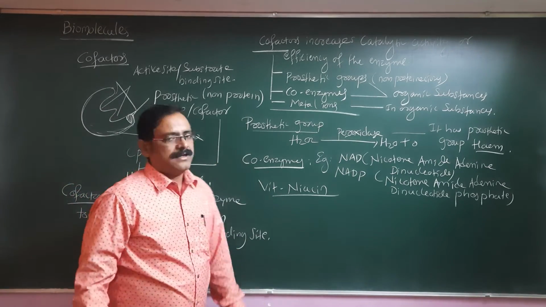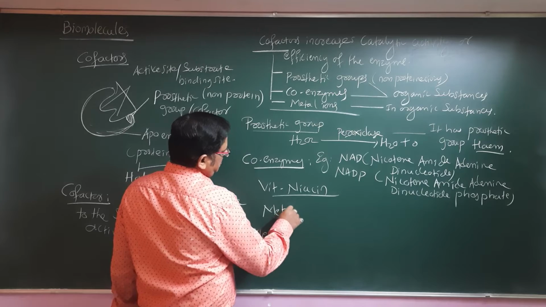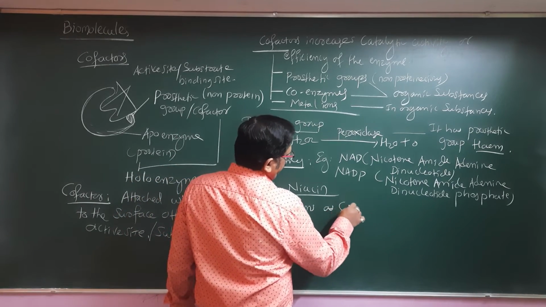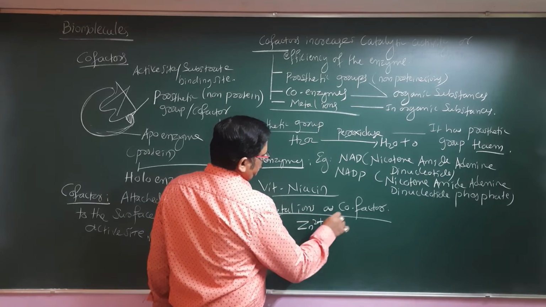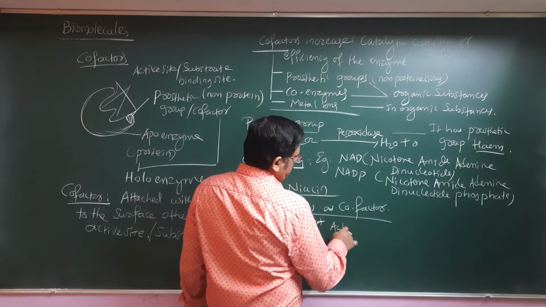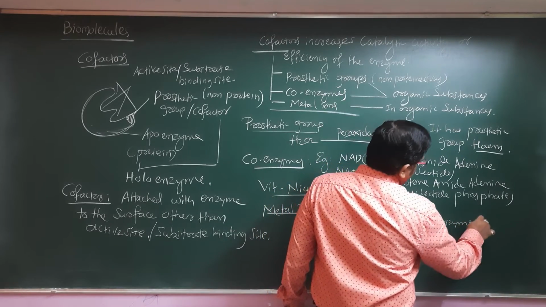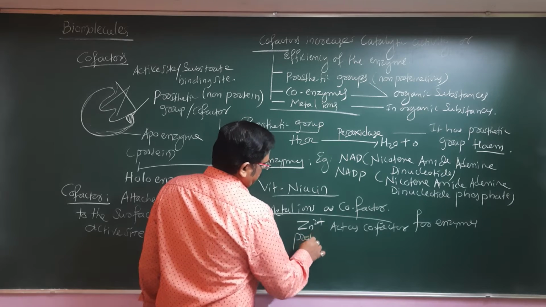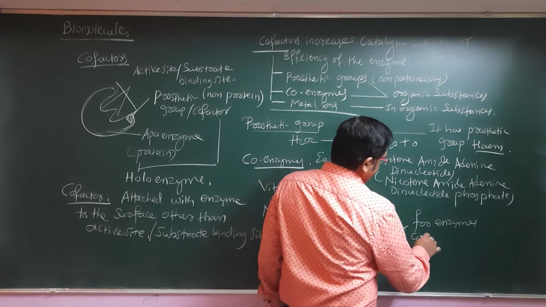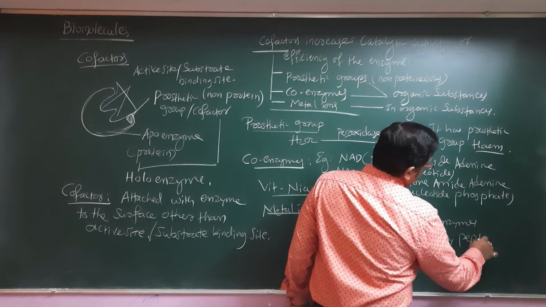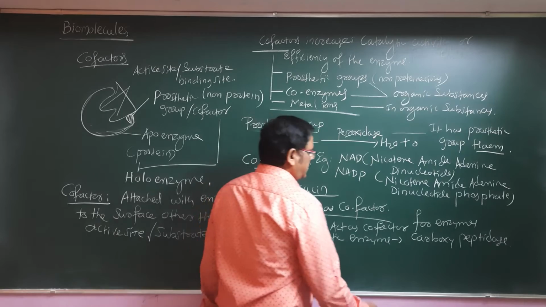Now metal ions act as cofactors. One simple example: Zn2+ acts as a cofactor for proteolytic enzymes such as carboxypeptidase, and for carbonic anhydrase.